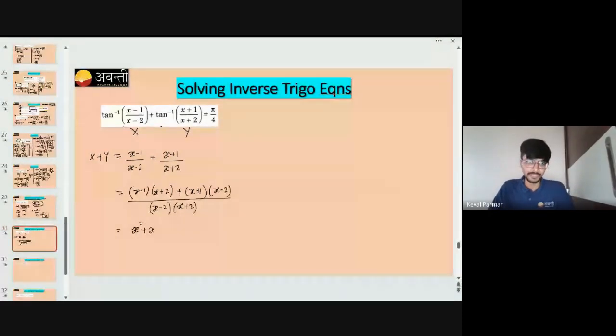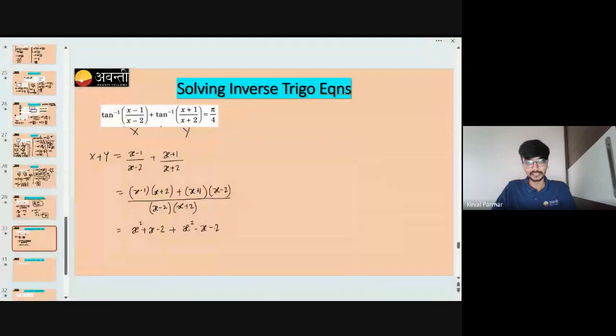If I open the bracket now, I will get x square plus x minus 2 plus x square minus x minus 2. I hope it is right.